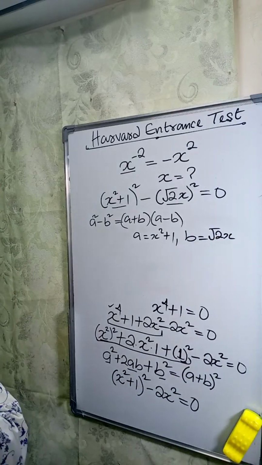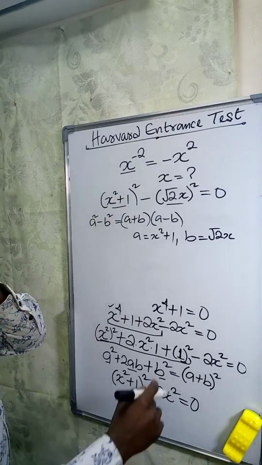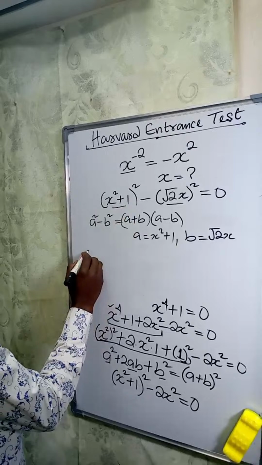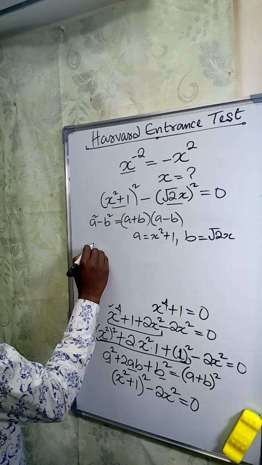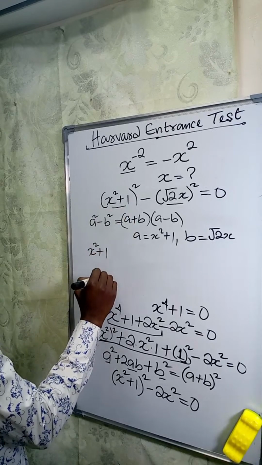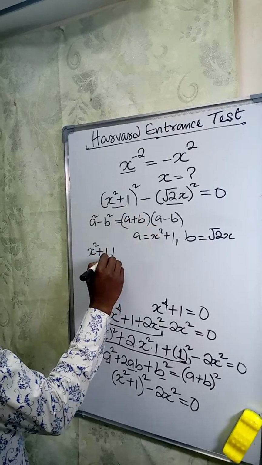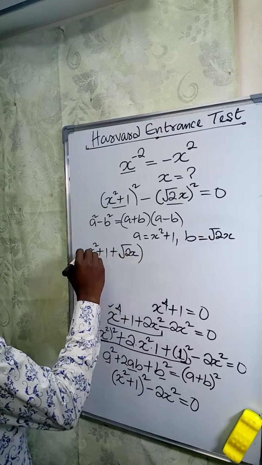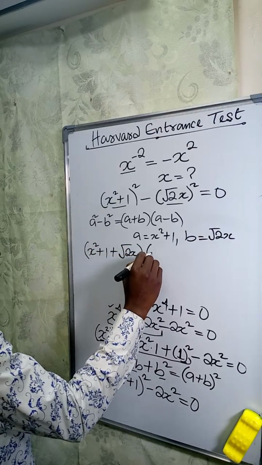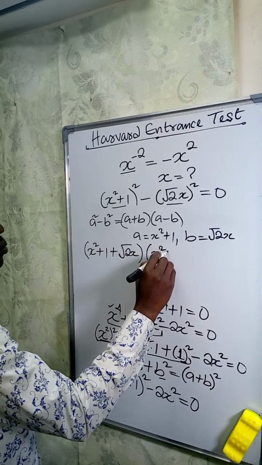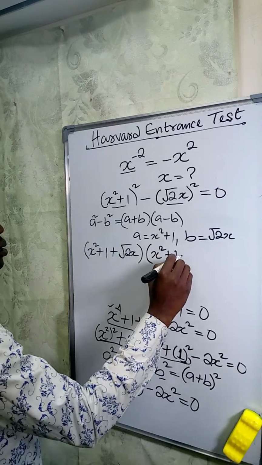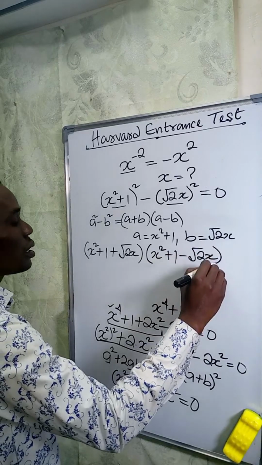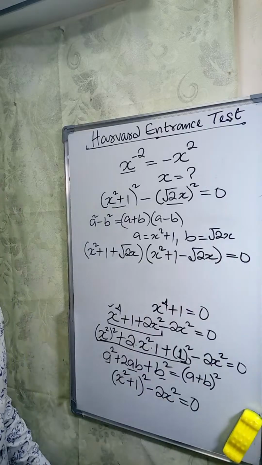So I can easily expand that. The first part will give me x squared plus 1 plus square root of 2x, and then I'll have x squared plus 1 minus the square root of 2x, and all of these will be equal to 0.